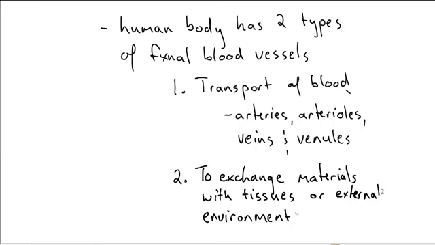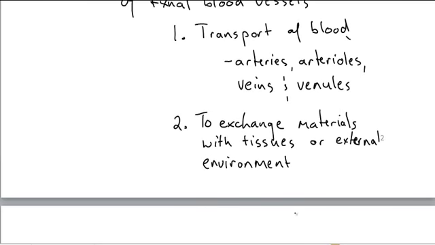Do you know what these are called? The thing that's missing out of arteries, arterioles, veins, and venules starts with a C. Capillaries. Excellent. Sorry, it'd be even better if I spelt capillaries correctly. 1 P, 2 L's.